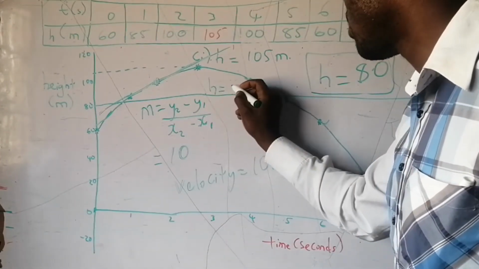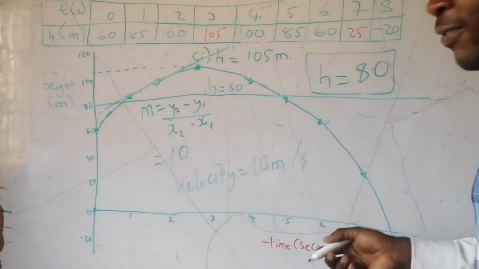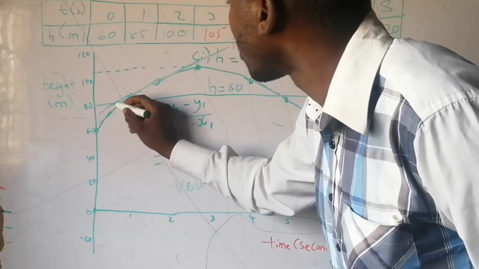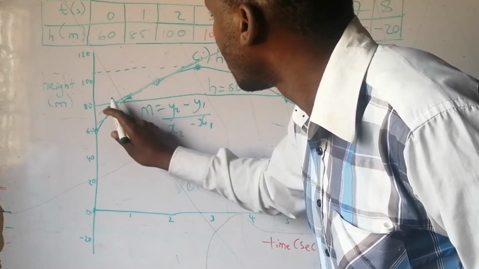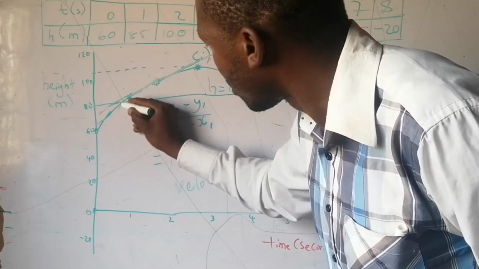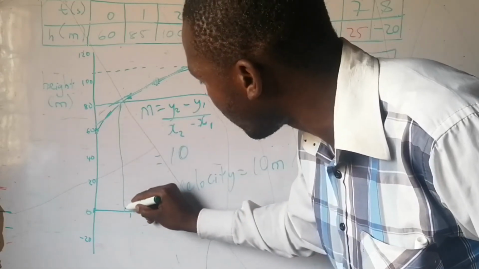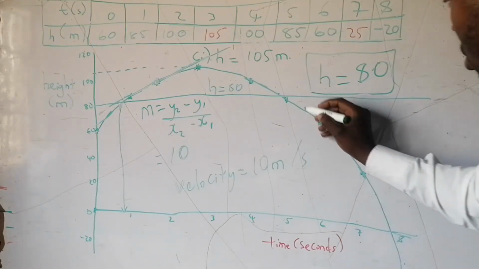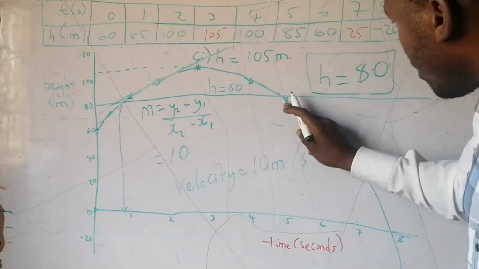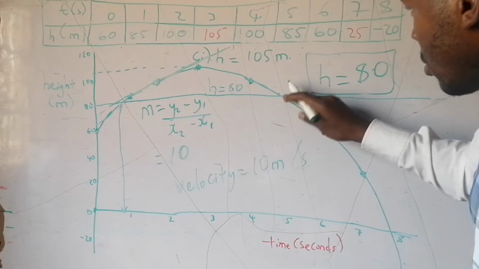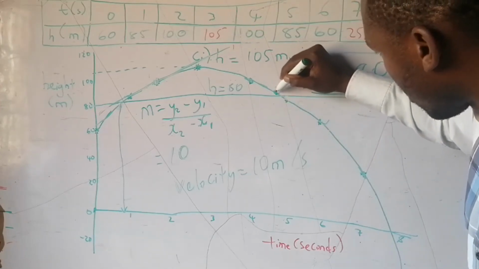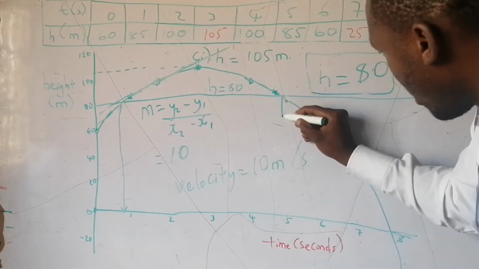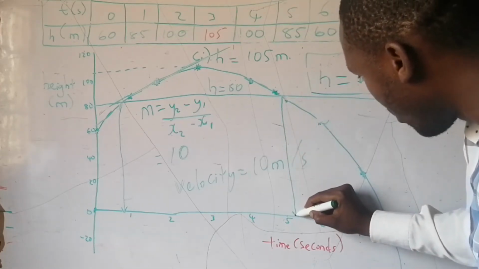Now to find the values, find the value of time here, and also just consider 5 seconds here and find the value of time here.